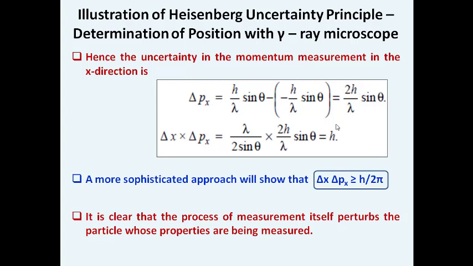So it is clear that the process of measurement itself disturbs the particle whose properties are being measured. This is the illustration of Heisenberg's uncertainty principle using the gamma ray microscope, an imaginary concept, and the mathematical derivation is on the right path.